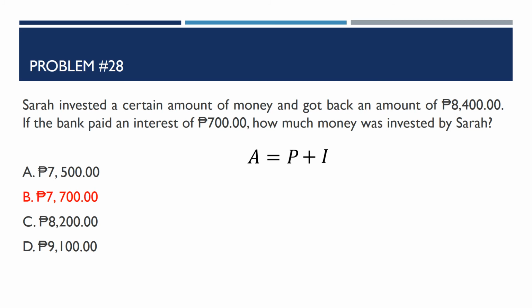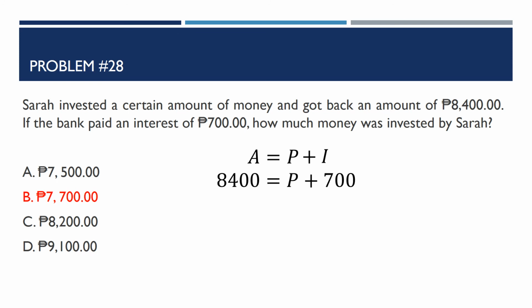So we'll substitute whatever is given. The future amount is given, that's 8,400. It's the amount of money and got back an amount of 8,400. So what is missing is the amount invested, or the principal amount. And the interest is given, 700 pesos. So we don't know how much is the rate and how long, or the time.